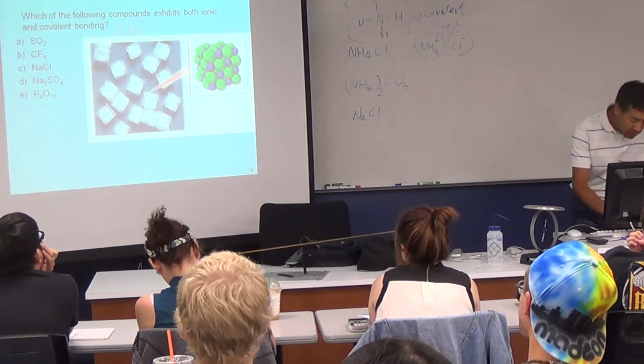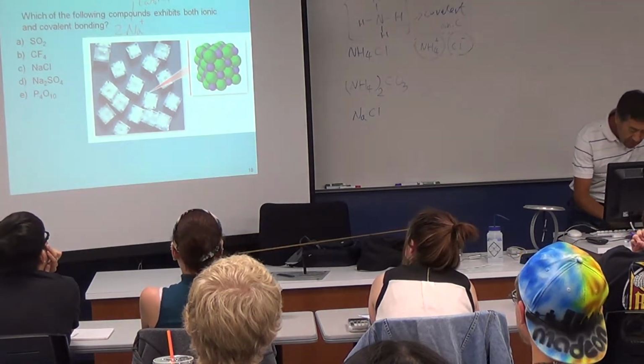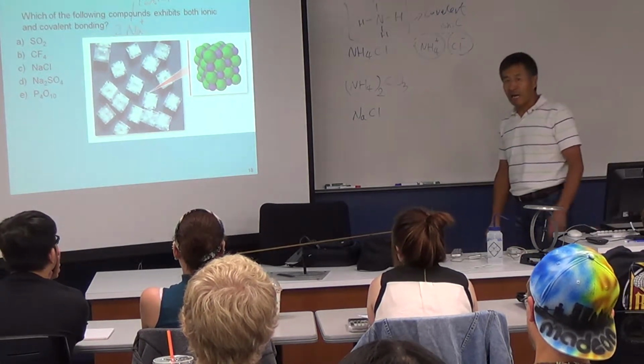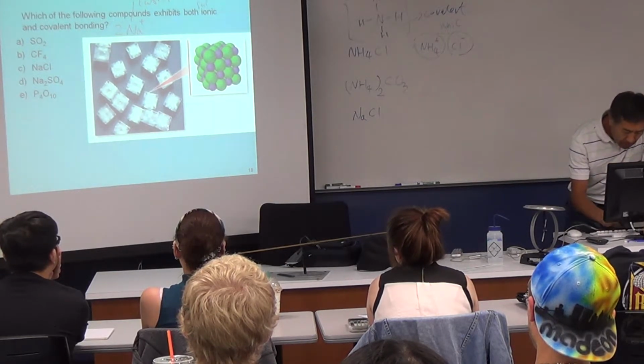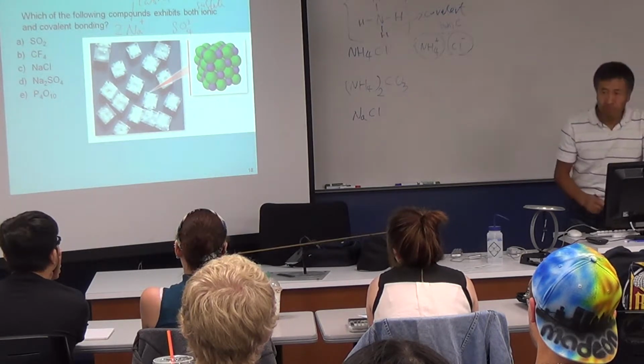So this is our cation. And the other type of ion is the anion. The anion is sulfate. Do you know the formula for sulfate? SO4 2 negative.